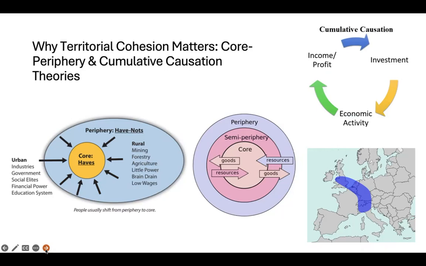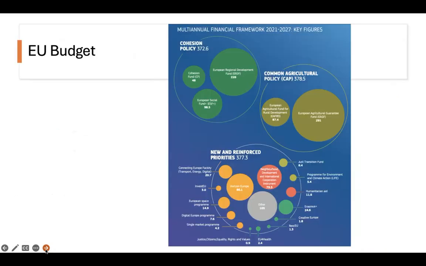So improving its cohesion then actually enhances its global competitiveness and its ability to attract investment from around the globe. So there we have that kind of linkage between the internal dynamics of the EU and its position as a globalised entity. So its budget, as you can imagine, is substantial, it comes from contributions from member states.